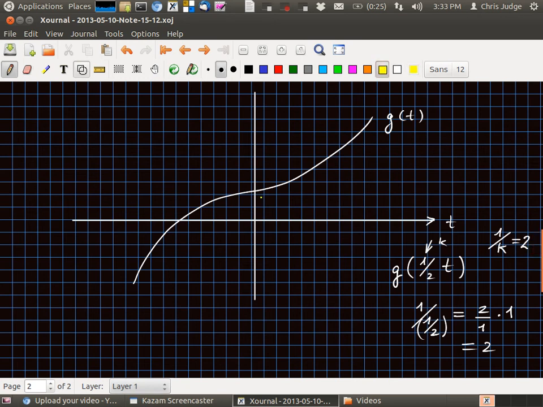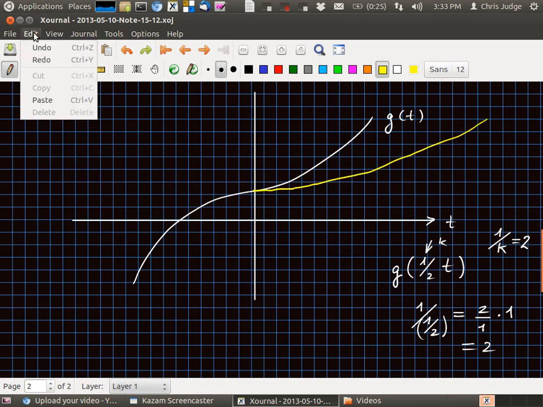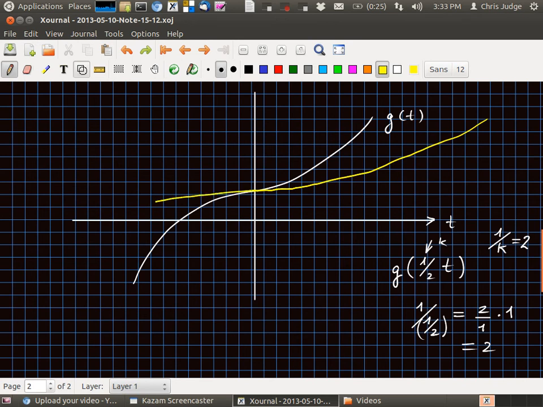So what does the graph look like when I put this factor of 1/2 in? Well, it looks like this. It's stretched. Nothing changes at the y-axis, but x values that are very far away from the y-axis are stretched more.